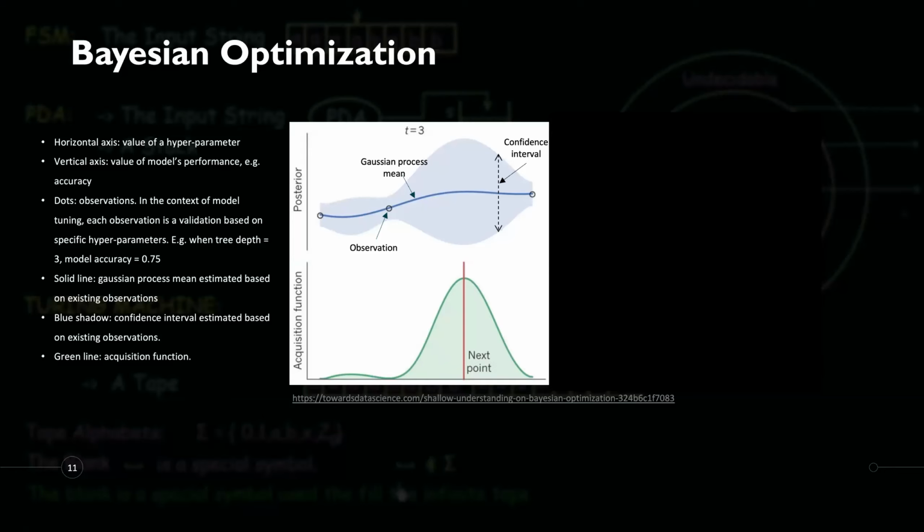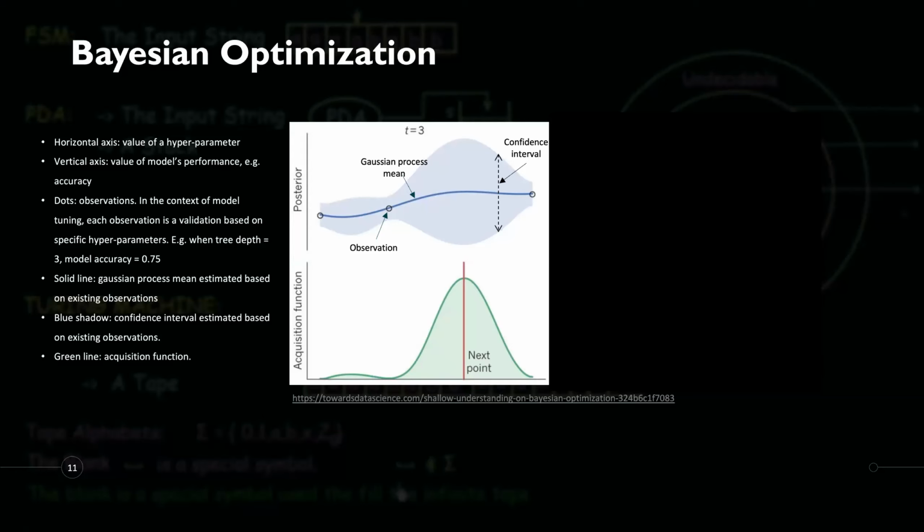If we assume the distribution of the model's performance follows a Gaussian distribution, then when we've already had an observation, we know the exact value.